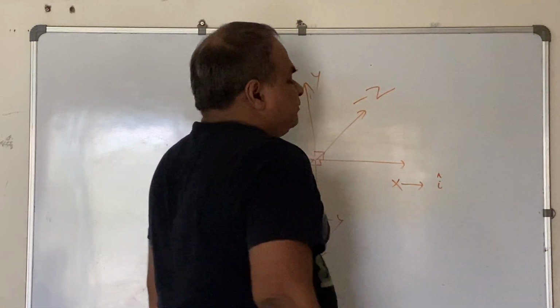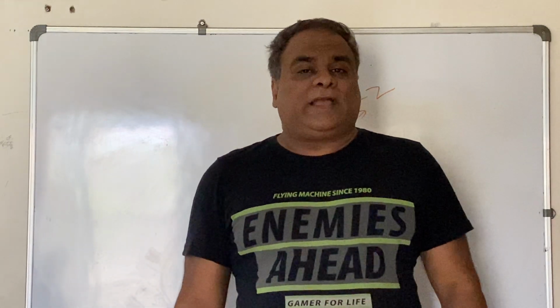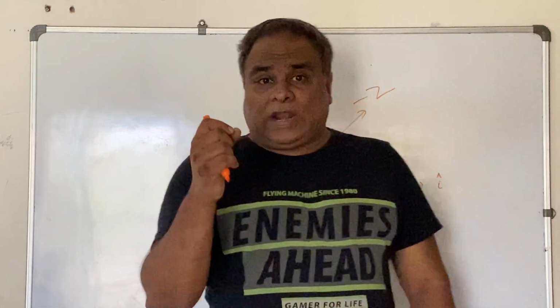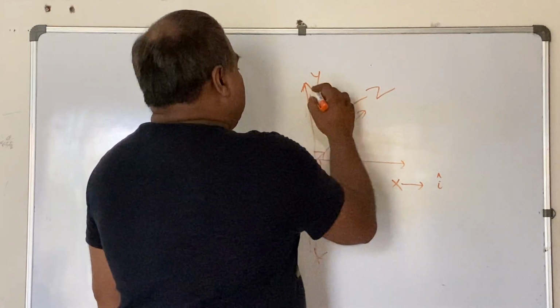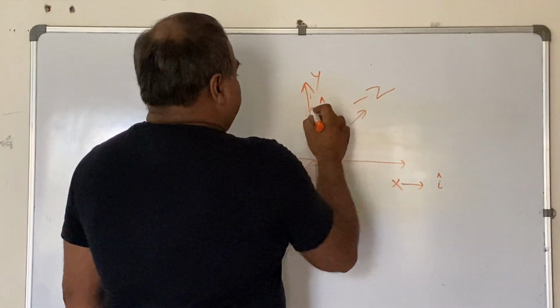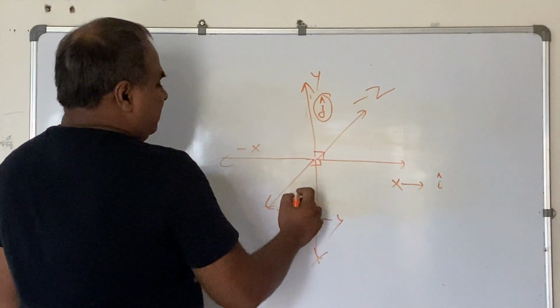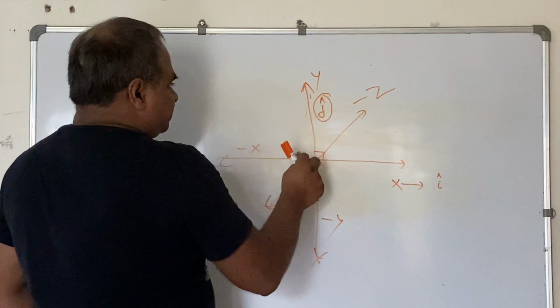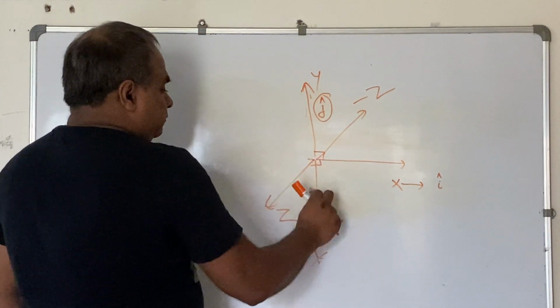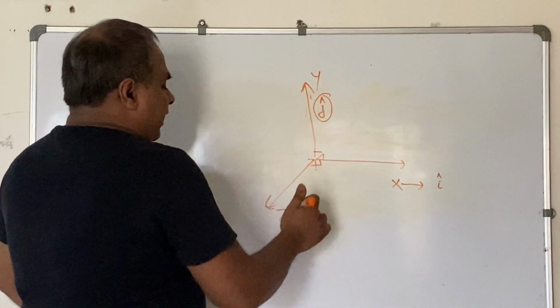So what I am trying to say is the unit vector along x-axis we call the i cap. It is denoted by small i cap. Unit vector along y-axis, we call it j cap, that is small j. And unit vector along z-axis, we call it k cap.